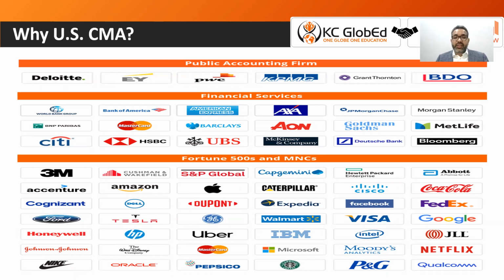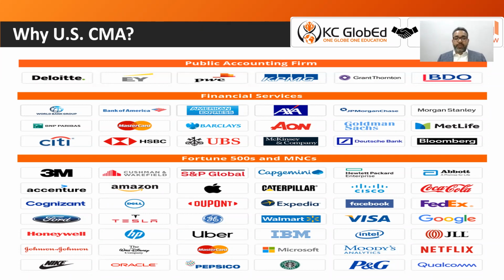And if you look at financial services companies, like World Bank Group, Bank of America, American Express, MetLife, Barclays, HSBC, Citibank, Deutsche Bank, Goldman Sachs, JP Morgan, I'm sure you might have heard all these big names. And maybe your friends, family members, or relatives are working in these companies, right?